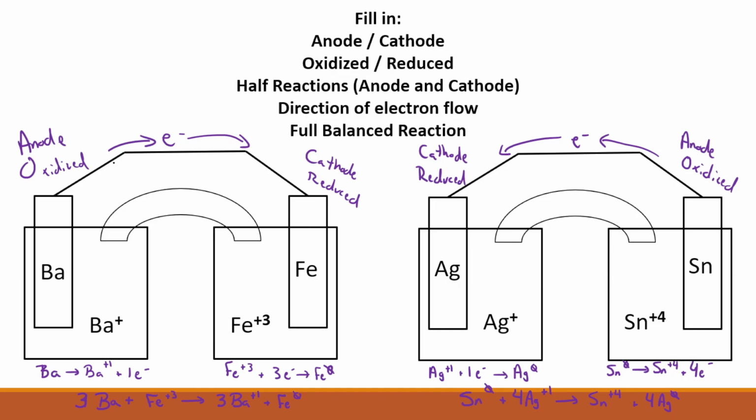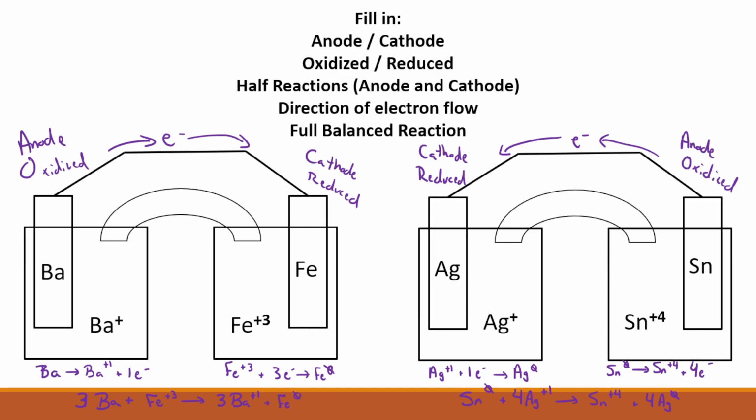Electrons flow from anode to cathode. And your half reactions should be taking the ions and the atoms from the cells. Finally, at the bottom here, forgive me, I ran out of space, you get your final balanced full reaction.